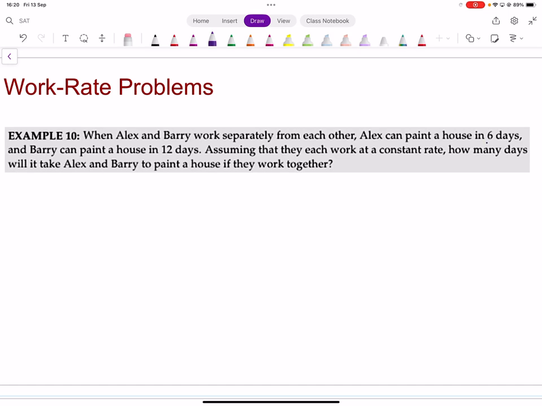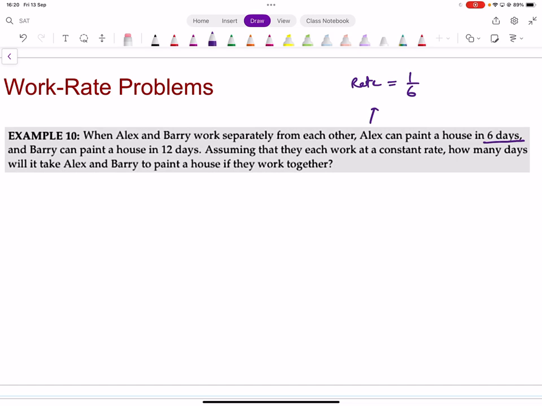Alex can paint a house in 6 days. How much can he paint in 1 day? How much of the house can he paint in 1 day? 1/6. If he's painting the whole house in 6 days, in 1 day, he can paint 1/6 of the house. इसको हम कहते हैं rate of work. Rate of work for Alex is 1/6.